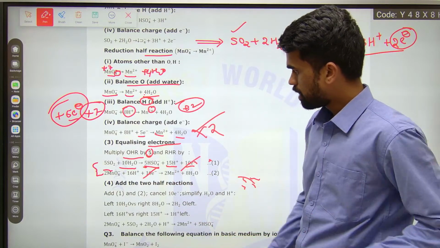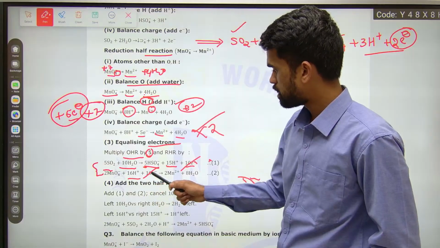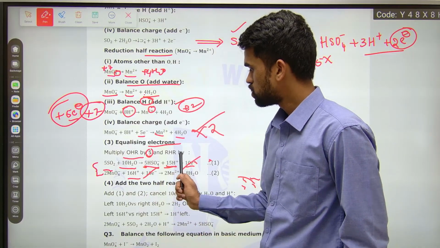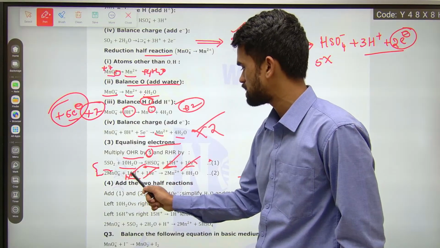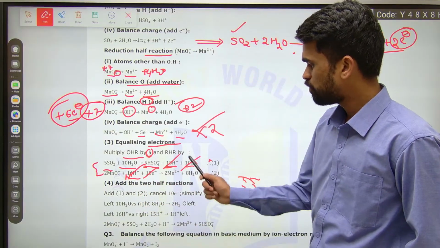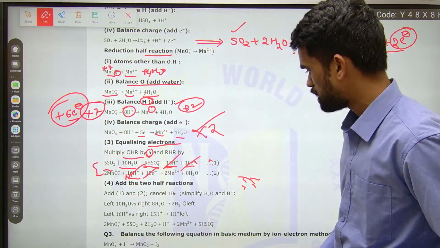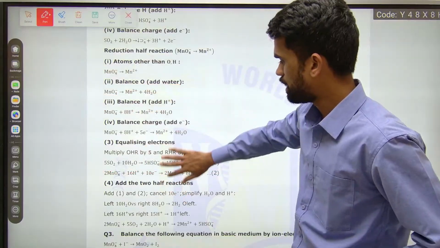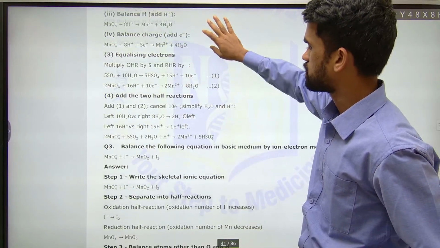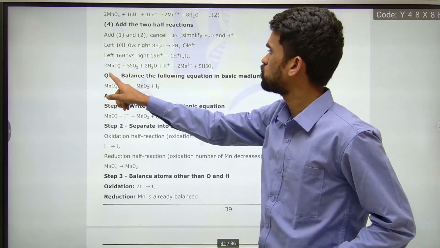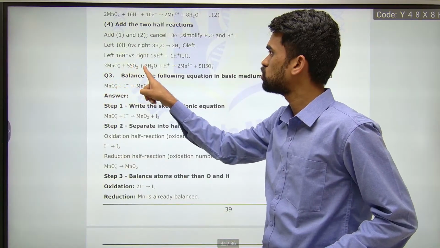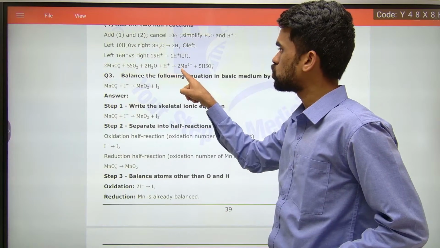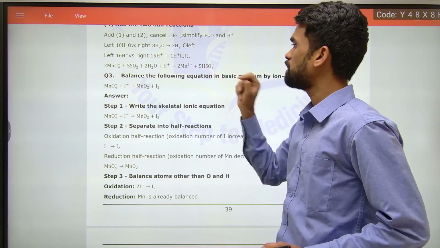Next see, reactant side H plus ion, product side H plus ion. How many are there? 15 and 16. So 15 cancel, only 1 H plus ion is remaining. Like that, the final equation will look something like this: 2 MnO4 minus plus 5 SO2 plus 2H2O giving rise to 2 Mn plus 2 and 5 HSO4 minus plus H plus.